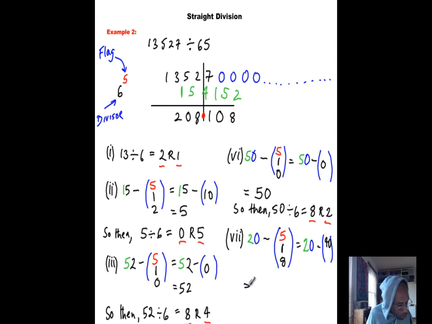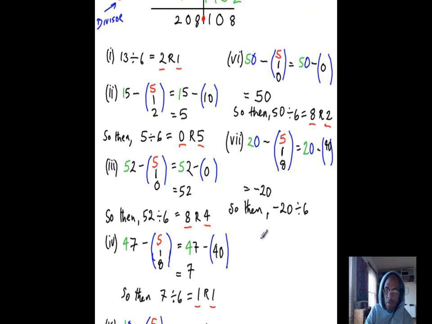And that comes to, what's 20 minus 20? 20 minus 40 is minus 20. So that's just a minus 20. Okay. So then, minus 20 divided by 6, let's come down a bit, equals 6 3s are 18. So that'd be 3, remainder 2. But it's negative, so let's just put some negatives on there.